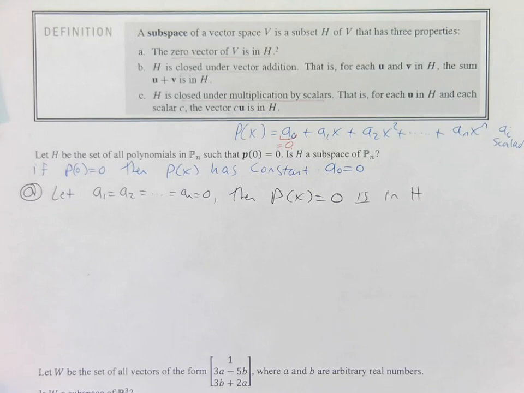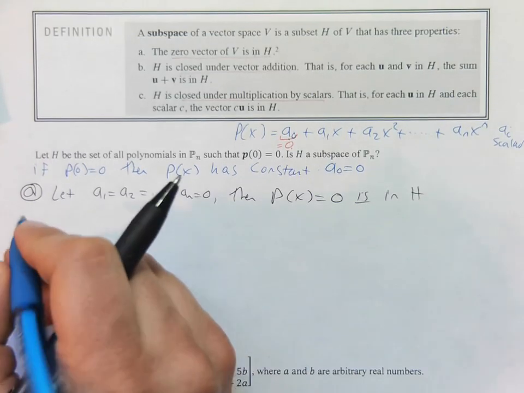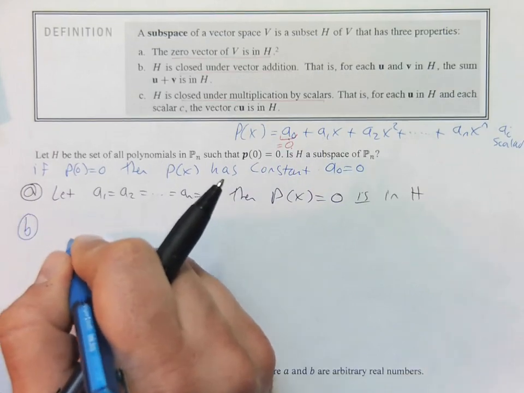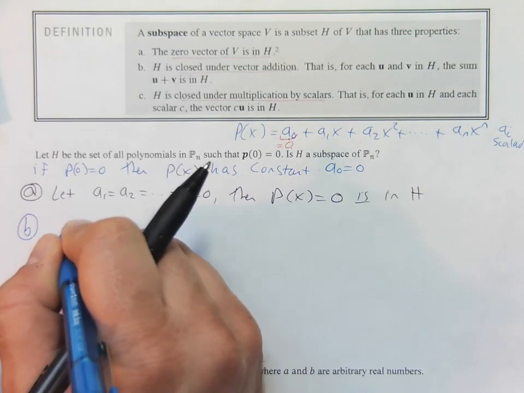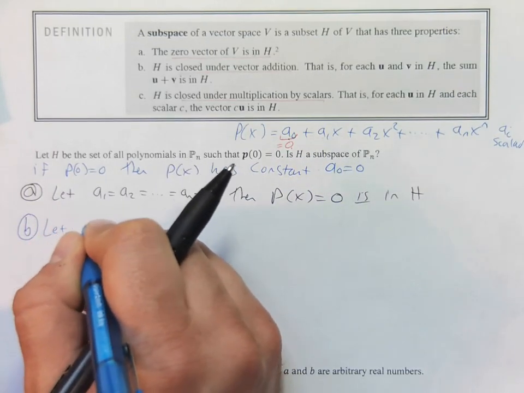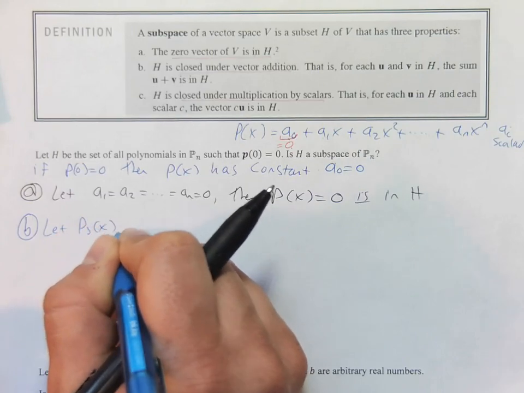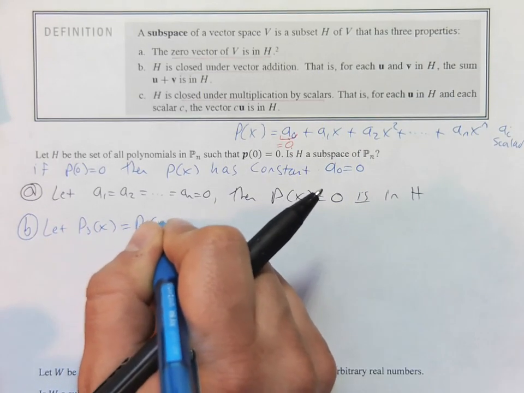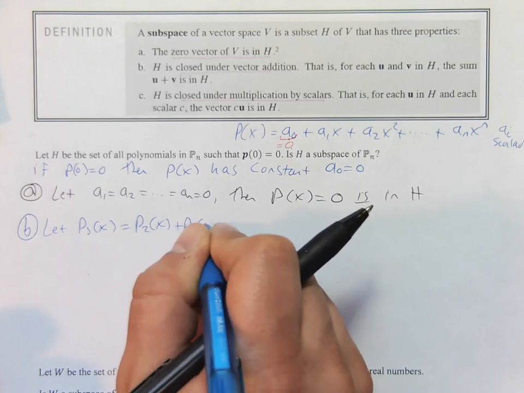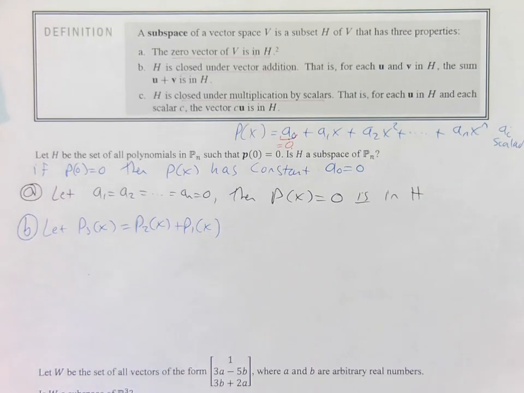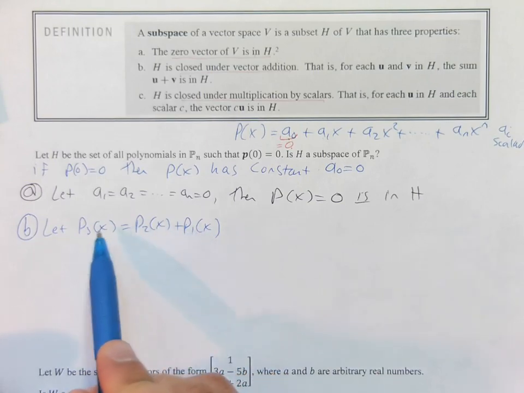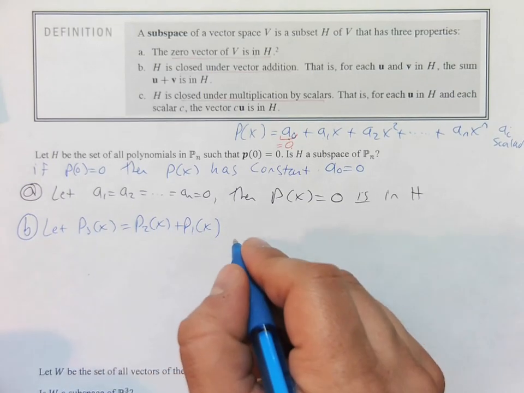Let's add two arbitrary vectors together and show that it stays in the space. So let's let our third vector be the sum of two arbitrary vectors in the space. So we're going to add two vectors together. Do we get a third one that's in the space?